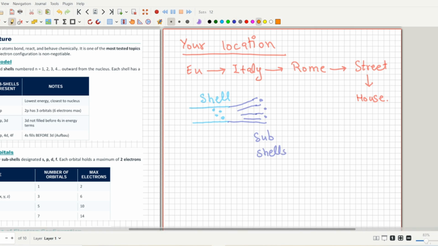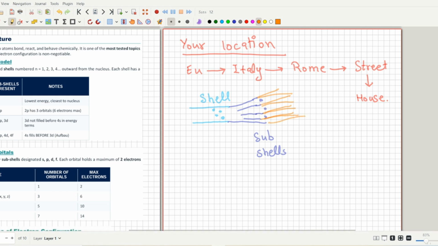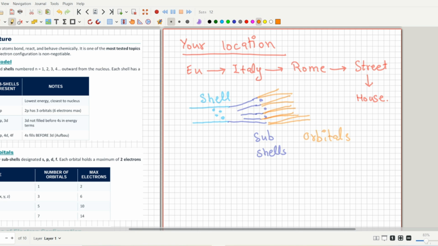But still you are not really accurate. So you will break down subshells into more specific and more narrow paths, and those paths are called orbitals. Orbitals are the place where the chance of finding electrons is maximum.